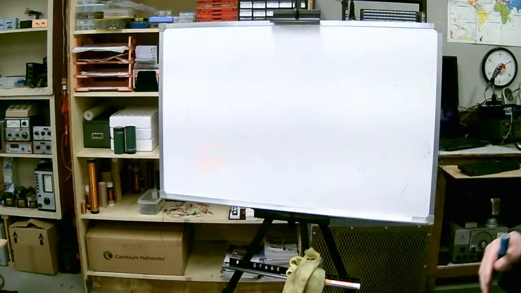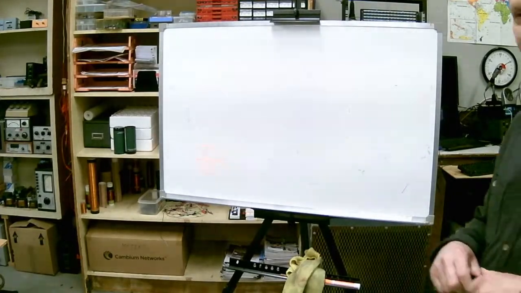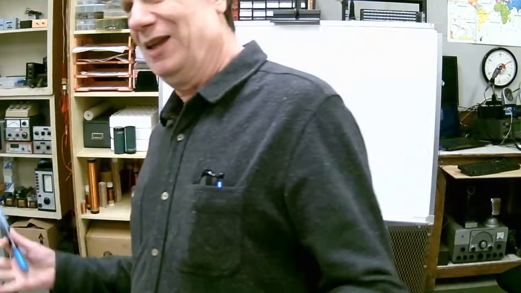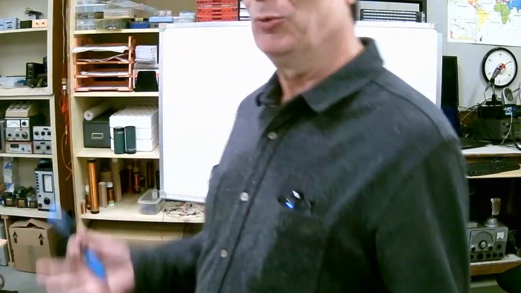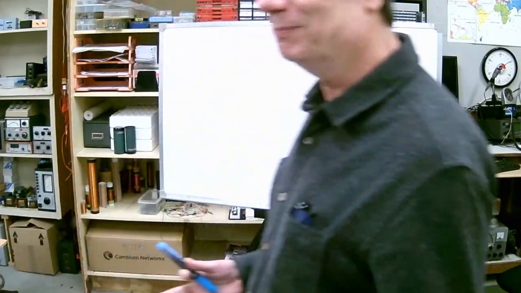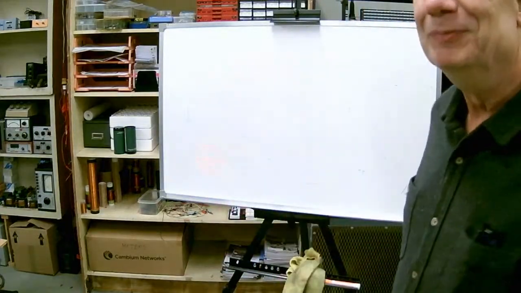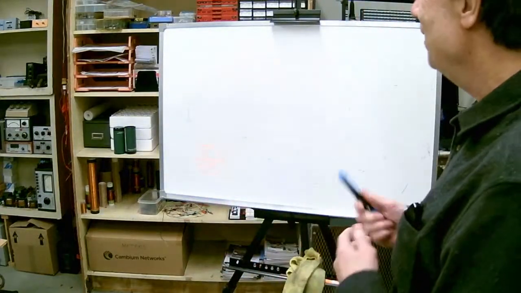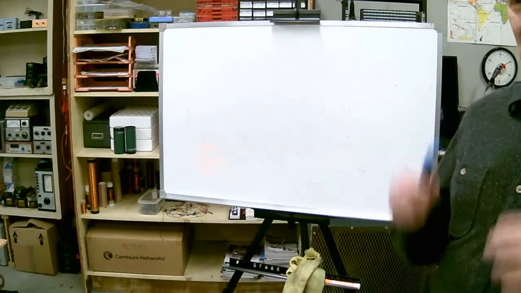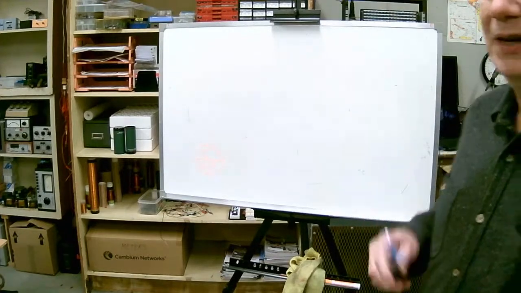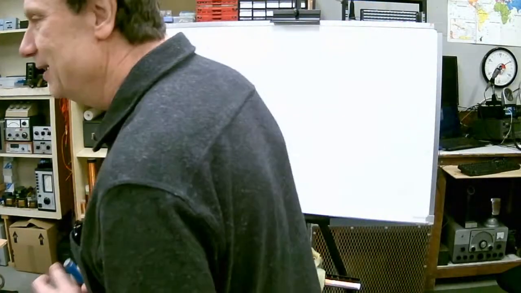Well, we would assume that if our purpose in transmitting a radio wave is for somebody to receive it someplace, right? Not too much point in transmitting without some intended audience. So we have to receive this radio signal that we so wonderfully radiated out into space. So how do we do that?